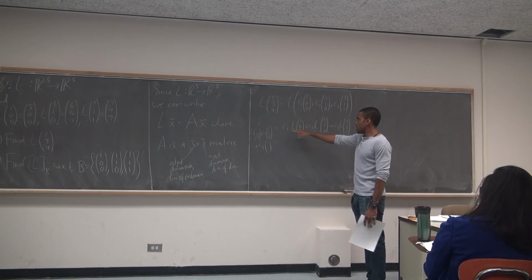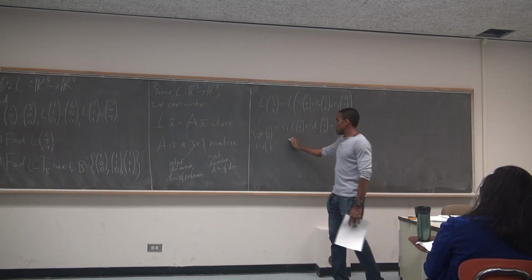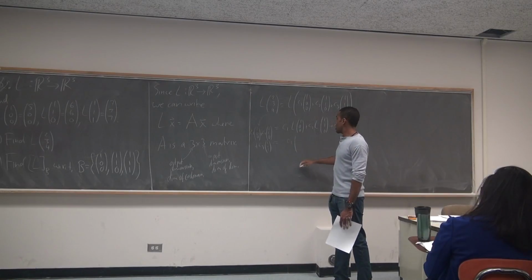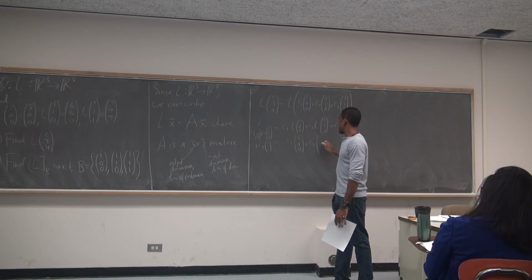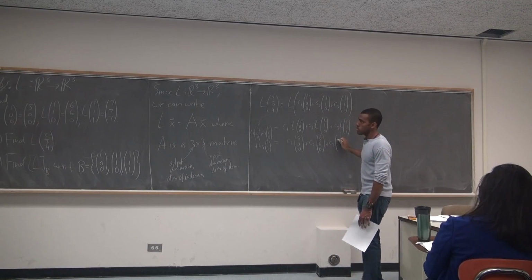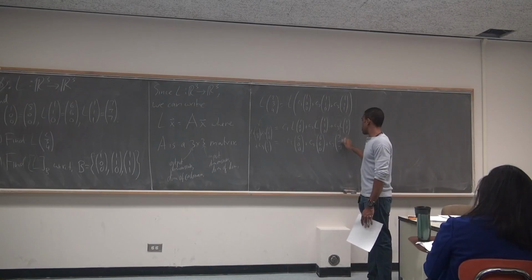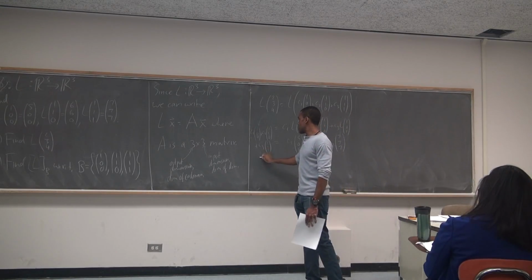Oh, okay. And we know what L of (1, 0, 0) is. L of (1, 0, 0) would be (5, 0, 0), plus C2 times (6, 6, 0), plus C3 times (7, 7, 7).